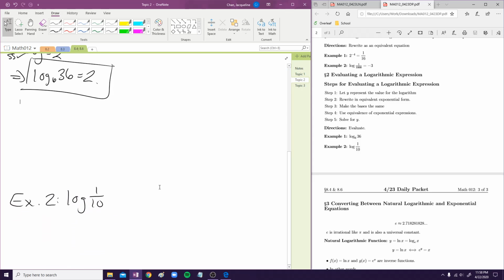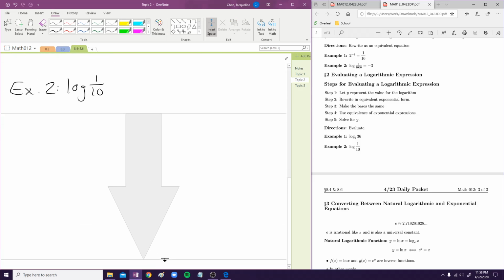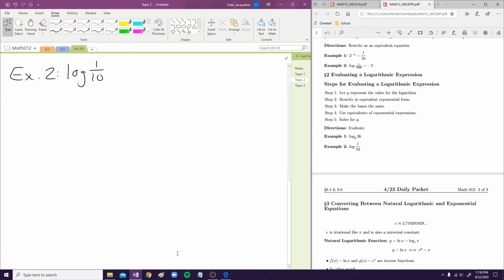Now, let's do a little bit more practice, and let's do example 2. Again, we're going to follow the same steps. We have this logarithm and we want to evaluate it. We can't really solve logarithms as is, so we're going to use exponential form.